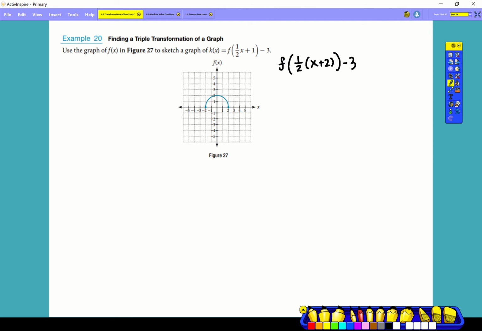And now, since it's in this factored form, working on the inside with my half times x plus 2, I am going to work with this first. And remember, if this is equal to b, and my factor is half b, then it's going to be the reciprocal.